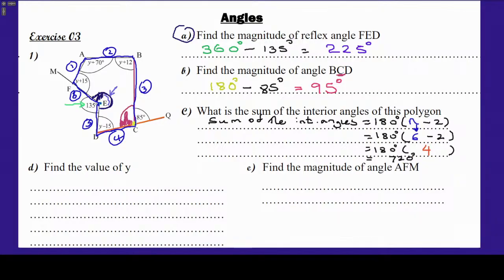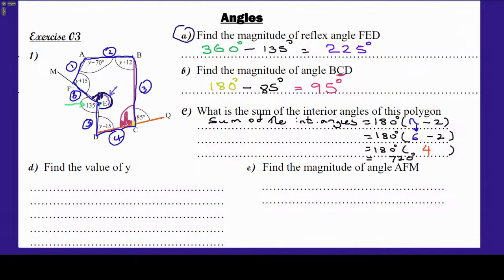Alright, let's look at question D now. We have been asked to find the value of y. So how do we find the value of y? Let's build an equation that has y in it. So what's the easiest option here?